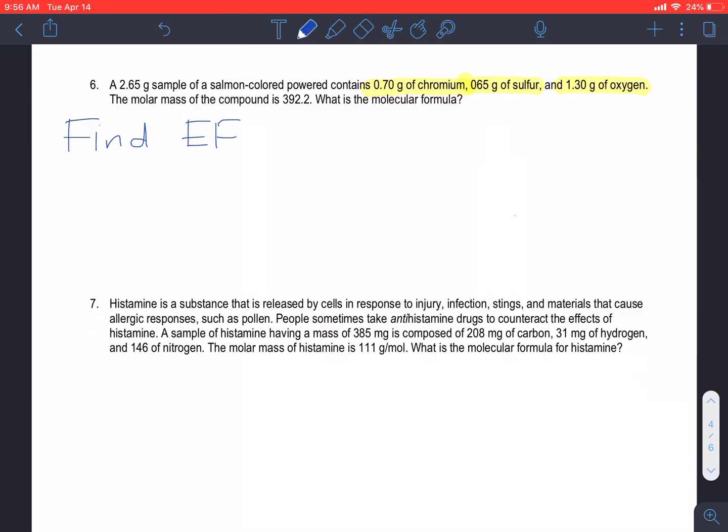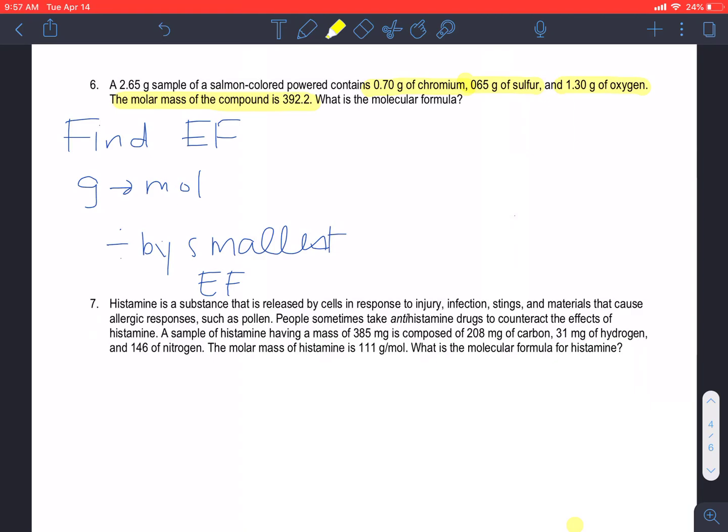And so to find the empirical formula, convert grams to moles for each of those, divide by the smallest, and then find your empirical formula. Remember, your mole ratios are the subscripts that you would get on your formula. Once you find your empirical formula, find the mass, and then solve everything up above. This number that's given in the compound is your molecular formula mass, just like we did above.